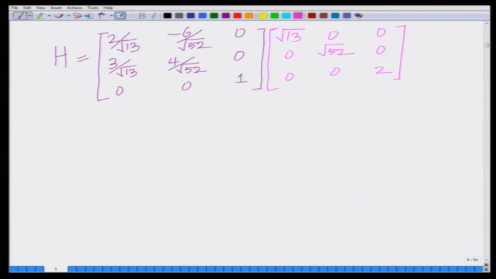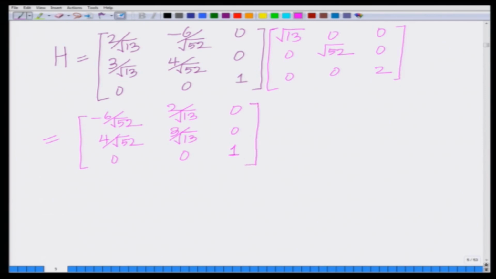What I am going to do now? I am going to switch the first 2 columns of this first matrix U. So, that will give me minus 6 by square root of 52, 4 divided by square root of 52, 0, 2 divided by square root of 13, 3 divided by square root of 13, 0, 0, 0, 1.